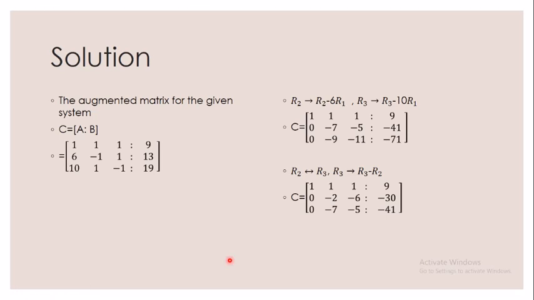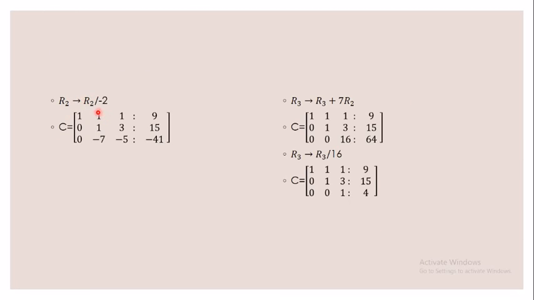So I'm going to divide the whole R2 by, not simply 2, it's -2, so that I get this as my +1. Then my next step is R3 is equal to R3 plus 7 R2, and here this -7 is converted into 0.